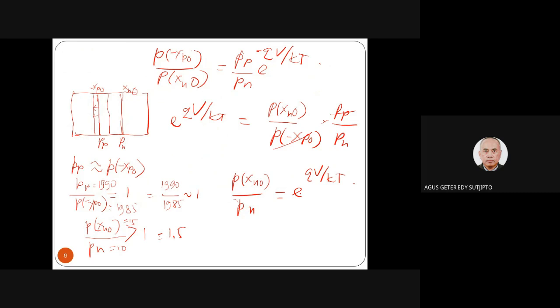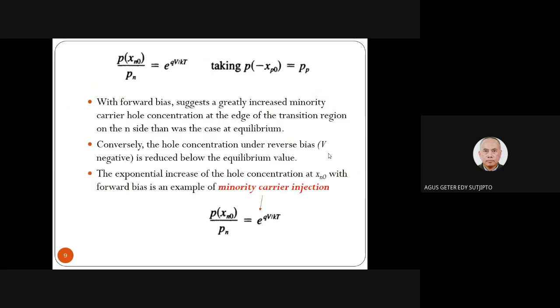So there will be dependence on V, of course with the temperature and the Boltzmann constant. So this is the equation that we can get from applying the voltage. V can be positive, can be negative. Okay, let's see further the analysis.